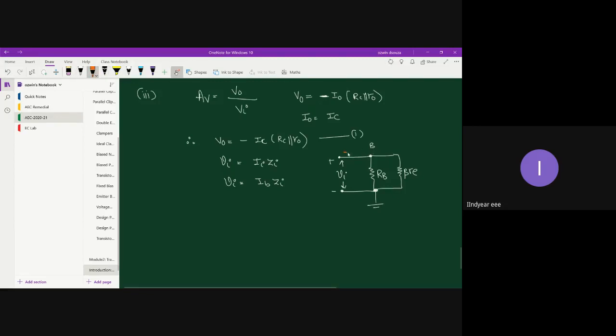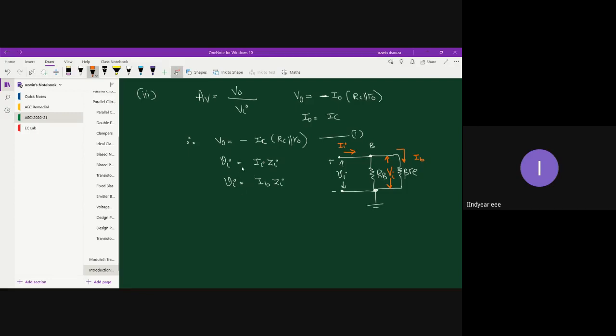This I'm going to take as II, and this I'm going to take as IB. Now observe carefully. Voltage VI will come across RB as well as across beta RA, because it's a parallel circuit. So measuring voltage from here to here is the same as measuring the voltage from this node to this node.